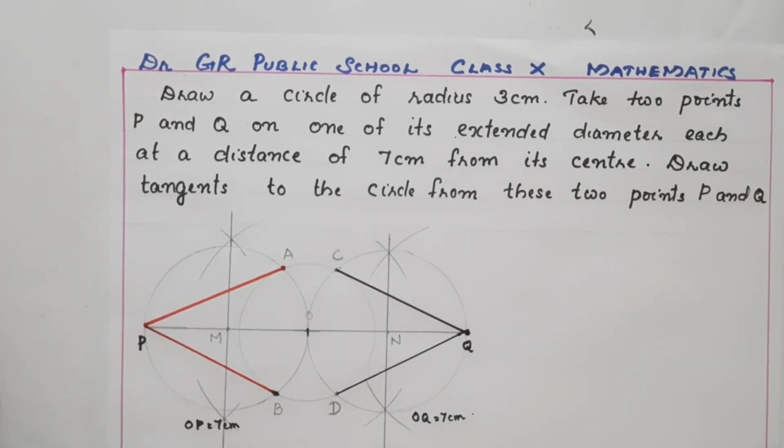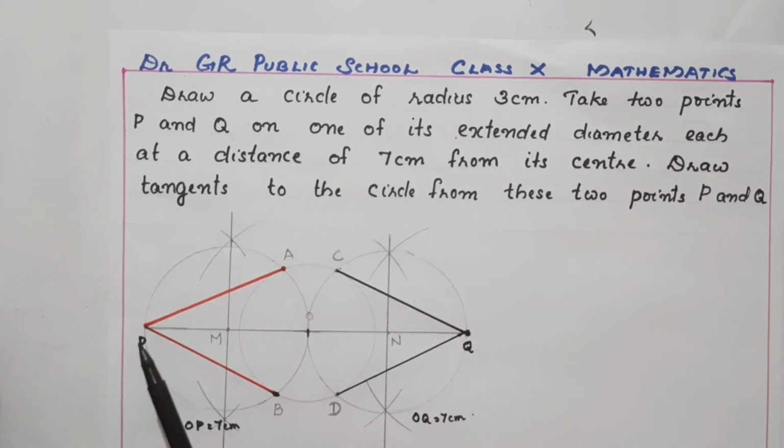So we got tangents from P as well as Q. What are the tangents? PA, PB and QC and QD are the required tangents. Okay.